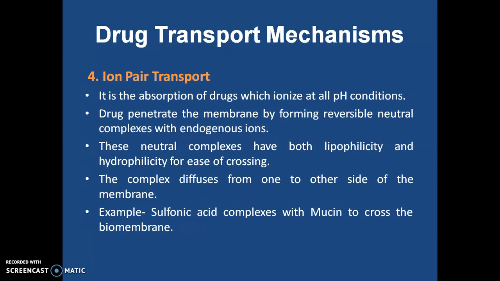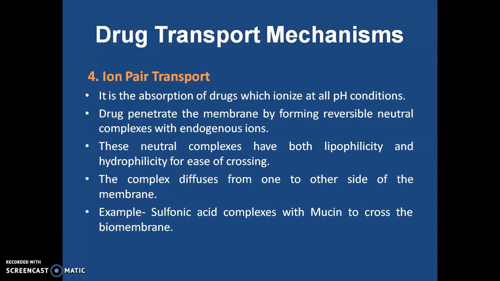The fourth of the different drug transport mechanisms is ion pair transport. It is the absorption of drugs which ionize at all pH conditions of the gastrointestinal tract. Drugs penetrate the membrane by forming reversible neutral complexes with endogenous ions.